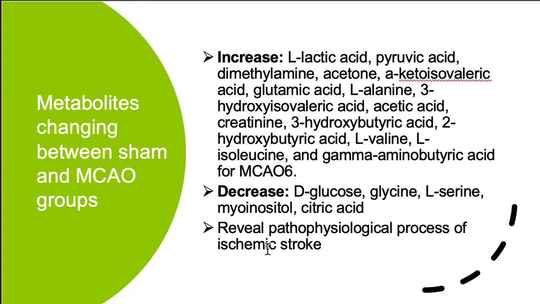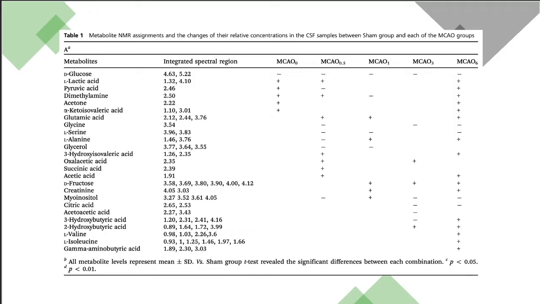And they all reveal the pathophysiological process of ischemic stroke. As I just told you earlier, most of them are increased, and you can see here glucose decreased, glycine also decreased, as well as serine, myo-inositol, and citric acid.